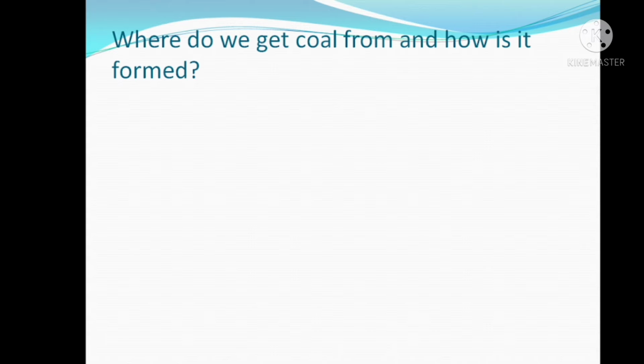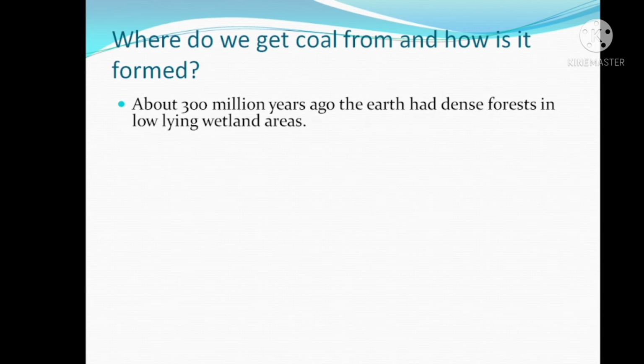So where do we get coal from and how is it formed? About 300 million years ago, the earth had dense forests in low-lying wetland areas. That means this is almost 300 million years ago.